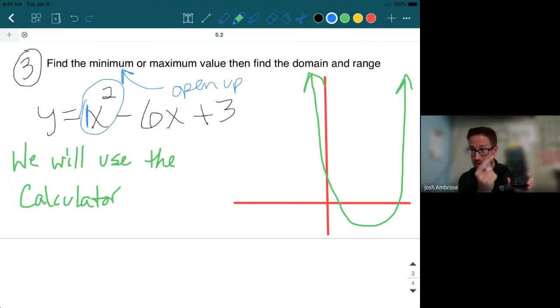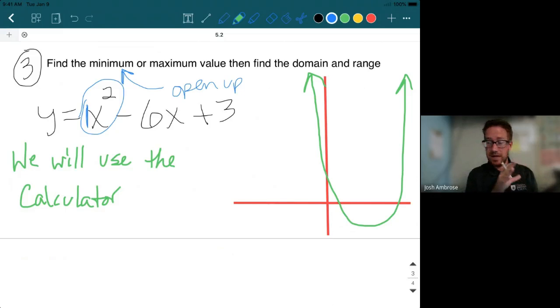Now, looking at the graph, you're going to hit second and then calculate. It's directly next to the graph button. It's right above trace. That's what it is. Okay, and now if you look down, number 3 should be minimum. All right, so go down to number 3 and then hit enter.